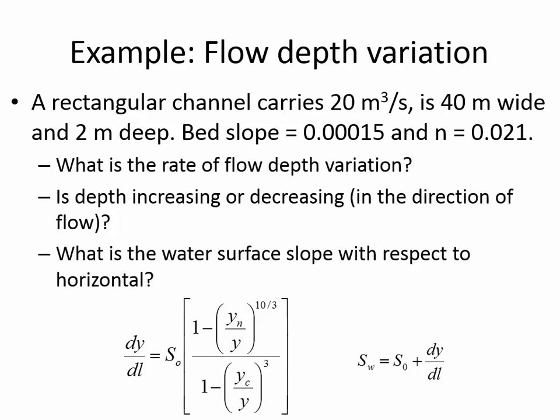Okay, for this little sketch I'm doing here, what a mess. Okay, here's S naught, here's SW. So the water is getting deeper, but the water slope is still downhill. Okay? So that's how we reconcile those two seeming contradictions.